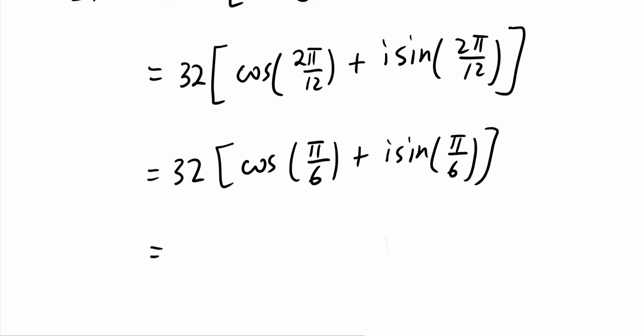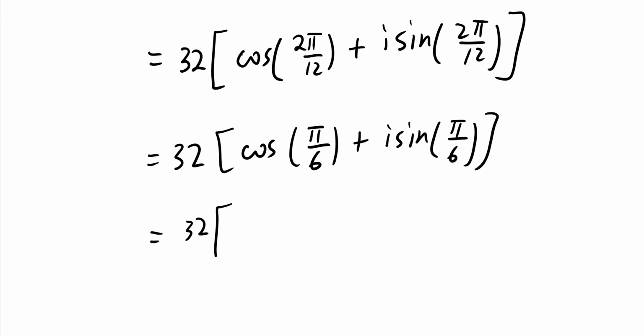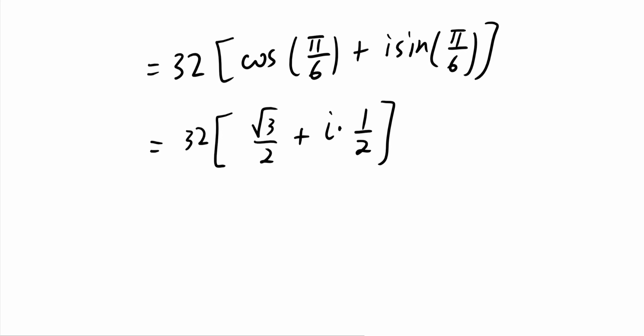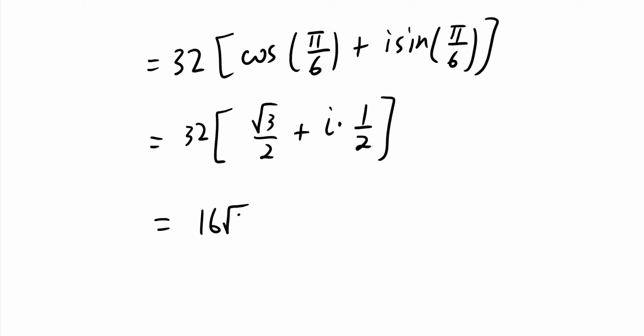Can we simplify more? Yes, we can. Pi over 6 is 30 degrees. Its cosine is the square root of 3 over 2, and the sine is 1/2. Then multiply by 32, and that gives us 16 square root of 3 plus 16i.